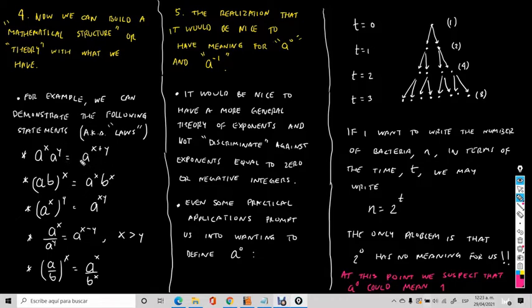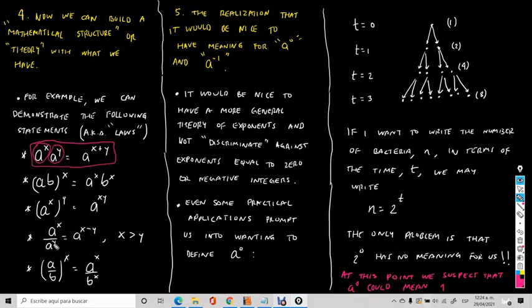Okay, notice the following, guys. This statement is completely meaningful. All of this statement. I can start to demonstrate this because every single symbol is meaningful for us if we keep restricting ourselves to x and y being positive integers. You see, all of these things have meaning.